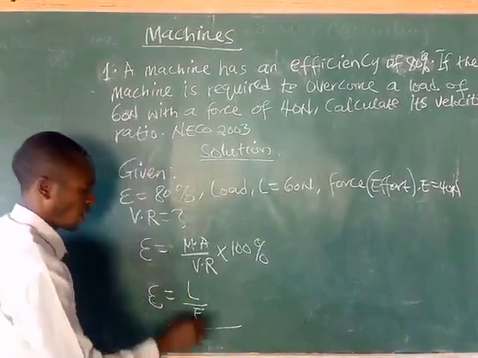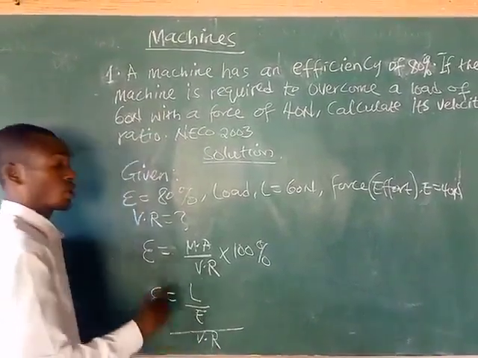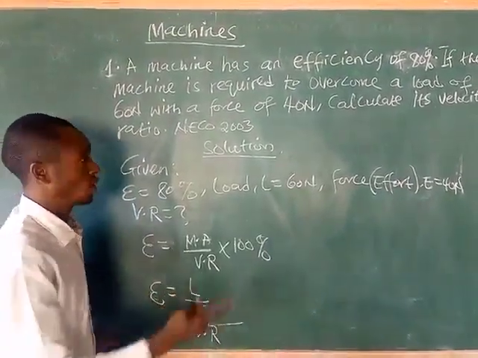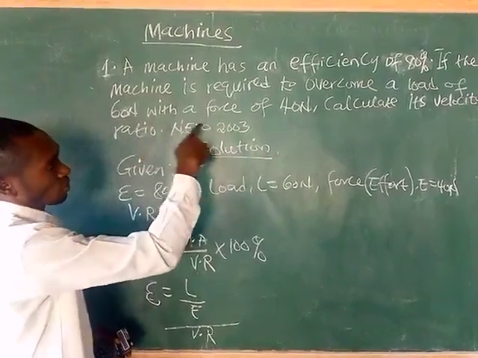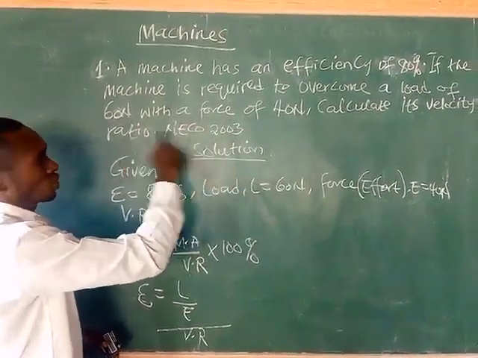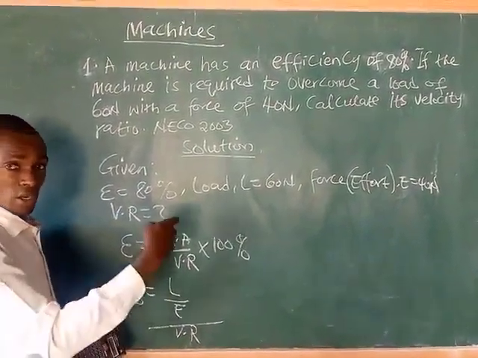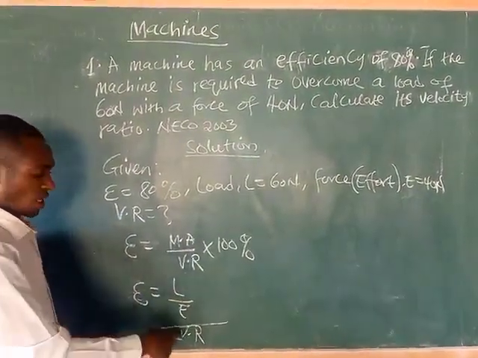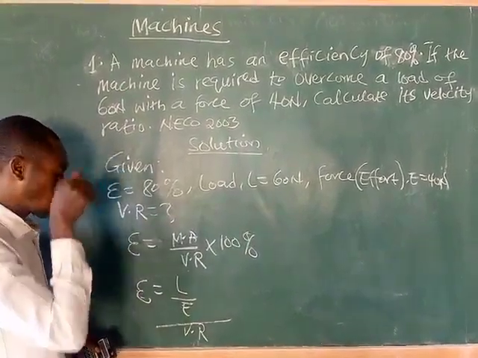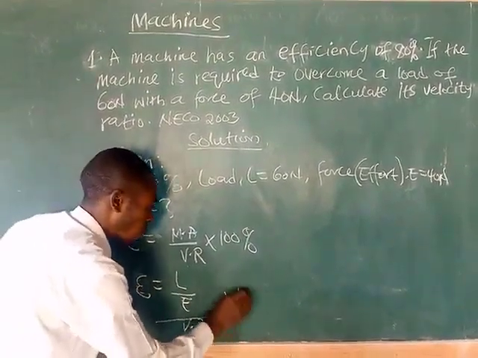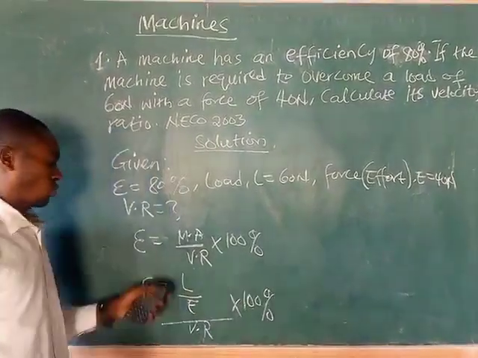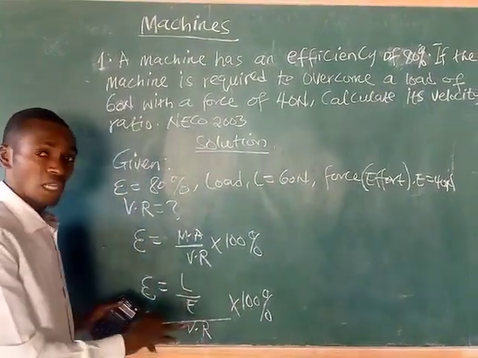We also have our velocity ratio, which is the same thing as effort over load. But since we are asked to look for it, there's no point writing effort over load. So we just have VR, since that's what we're looking for, times 100%.